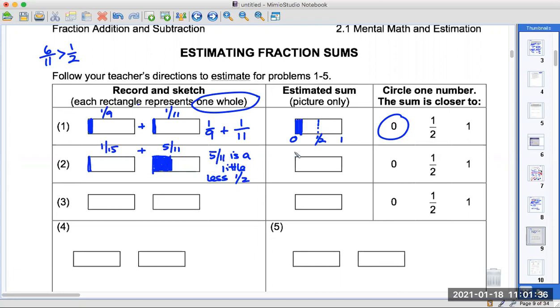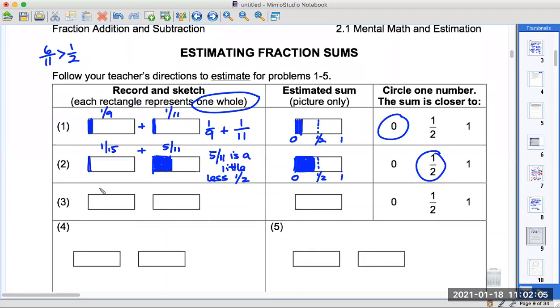So if you add these two, remember your choices 0, 1/2, 1. So there's 0, there's 1, that's your whole, and in the middle is 1/2. So your job is to decide if I add these two shaded parts, where would I end up? It's close to 1/2.